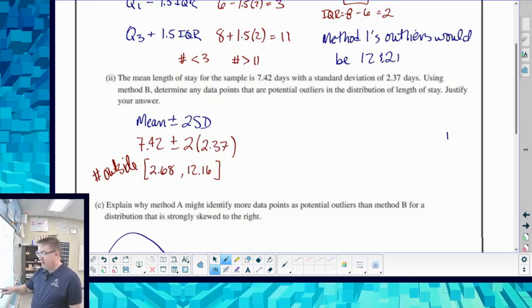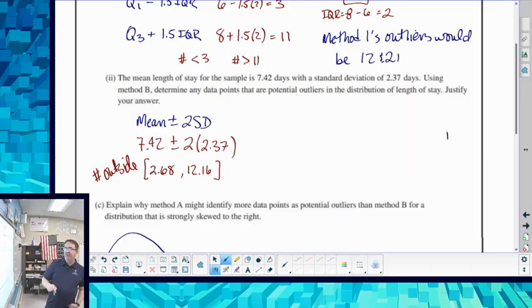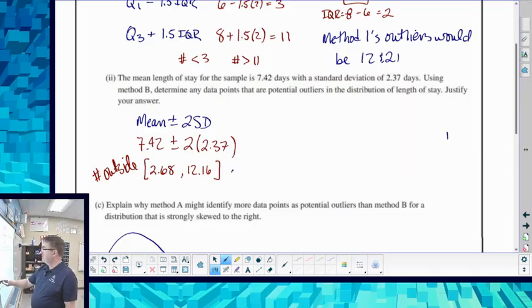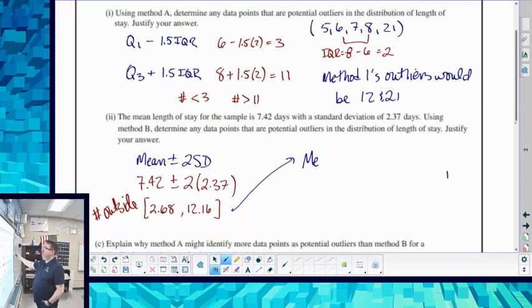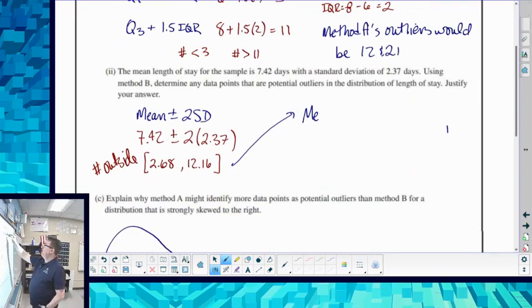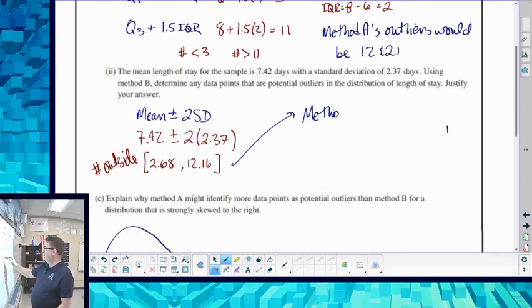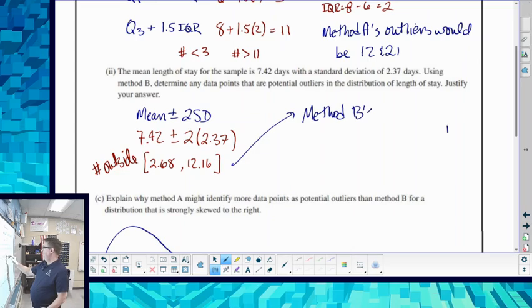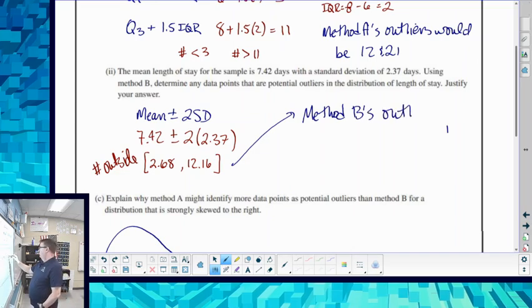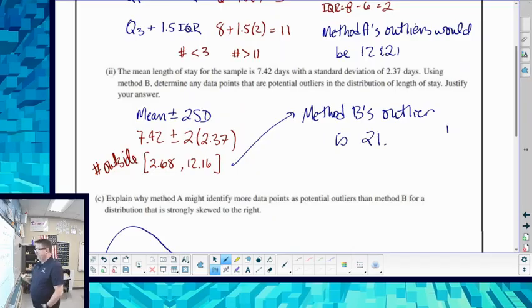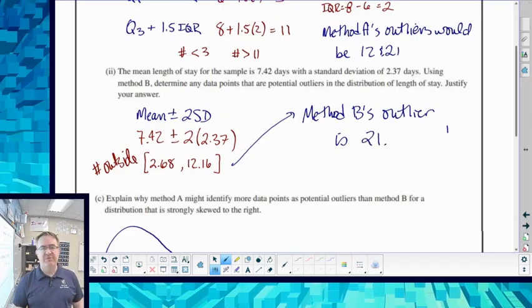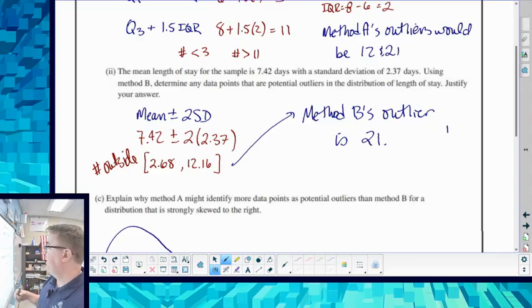Now, obviously, 12 falls within the 12.16. So in this case, method A's outliers and method B's outliers, sorry, that should be A and B, shouldn't it? Method B's outlier is 21.